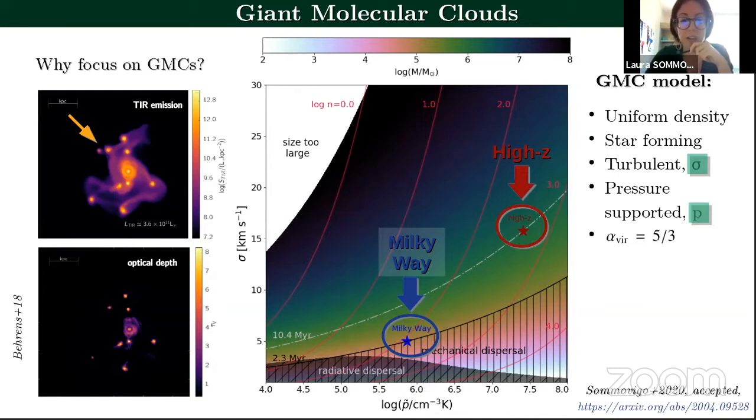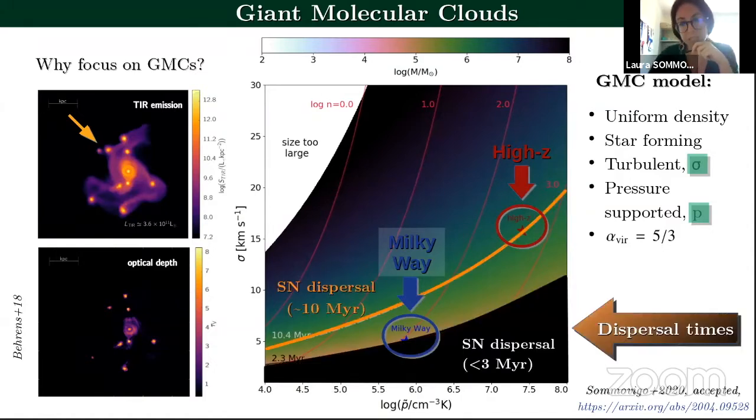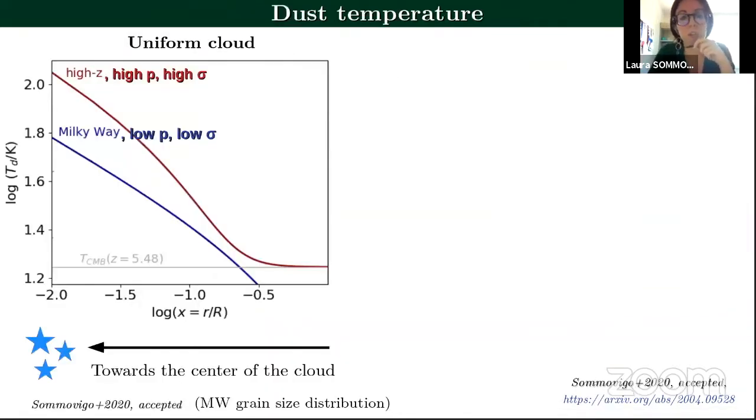In this case, clearly, I don't have any observations to take the properties from, so I get the data for this cloud from simulations. You can see that the high redshift cloud has both larger pressure and larger turbulent velocity, meaning that it survives longer to both supernovae and stellar winds, having a lifetime or dispersal time which is 4 times longer than the local-like cloud.